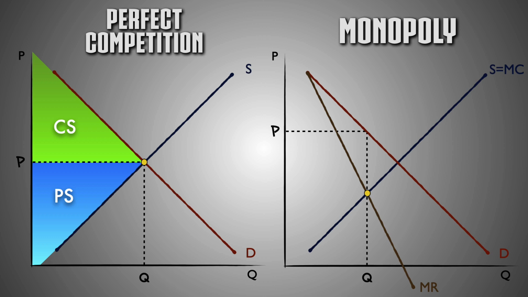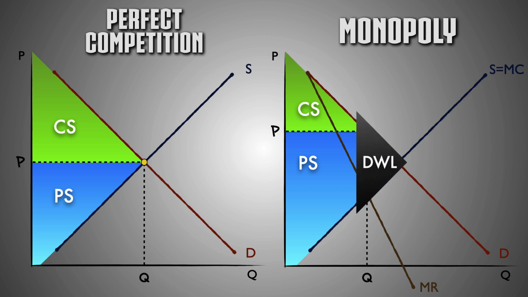However, because the monopolist underproduces its output and overcharges its price, an industry dominated by a monopoly will experience deadweight loss. Deadweight loss represents the portion of consumer and producer surplus lost to both buyers and sellers due to market inefficiency. The presence of deadweight loss proves that the monopolist has failed to maximize consumer and producer surplus, and is therefore allocatively inefficient.